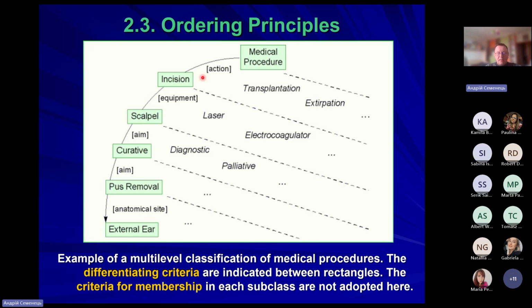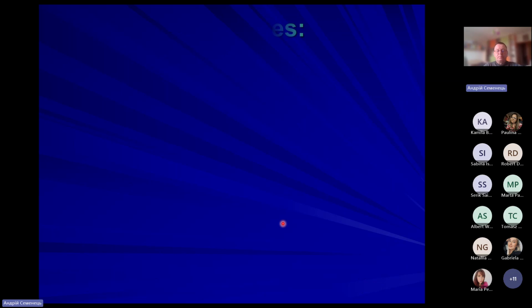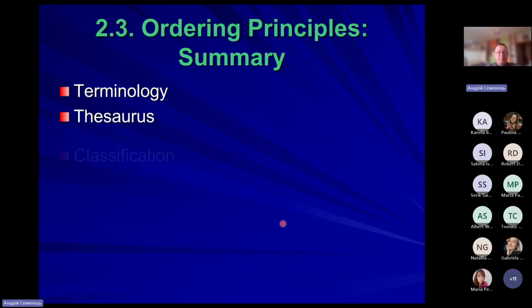So here are the differential criteria indicated between rectangles, like action, equipment, aim, and anatomical site. And membership we will not include here. So here we can see that the specification process is actually quite complicated.